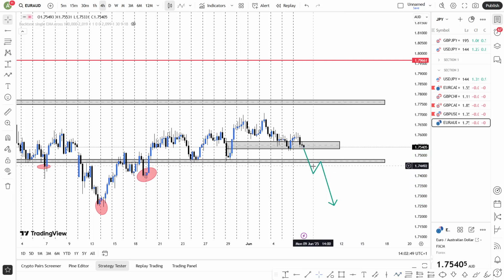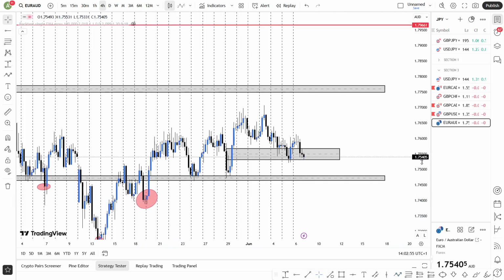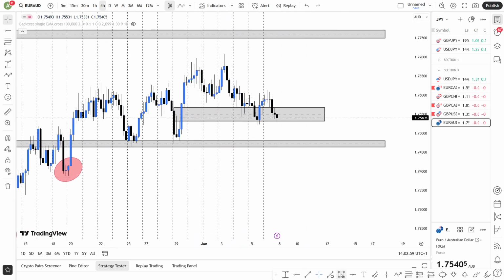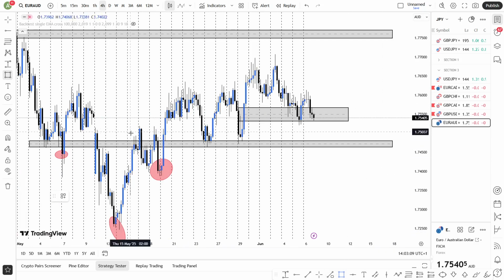But if price bounces from this point, because if you look at this point, we have a level of demand and supply here. We can just mark out this point. And secondly, I saw something here.